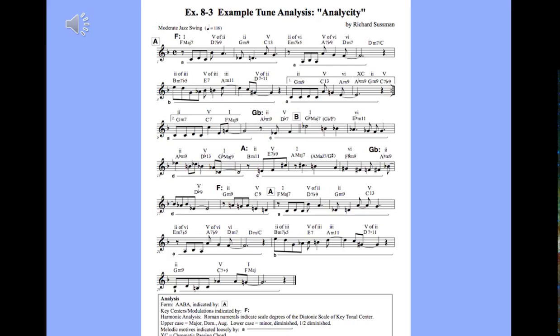What we're looking at right here is a lead sheet for a tune that I wrote for the book called Analycity, because what this particular example is demonstrating is how to analyze a tune. If you look closely at the example, you'll see that it's being analyzed structurally, harmonically, and melodically.